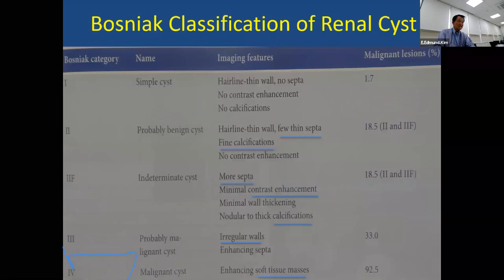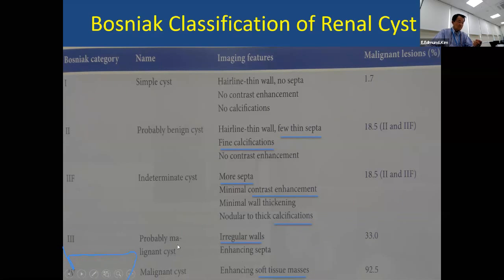The Bosniak classification is category 1, 2, 3, 4, 5, depending on the margin. Category 1 is a simple cyst, but category 5 is malignant, usually enhancement of a soft tissue mass inside the cyst.